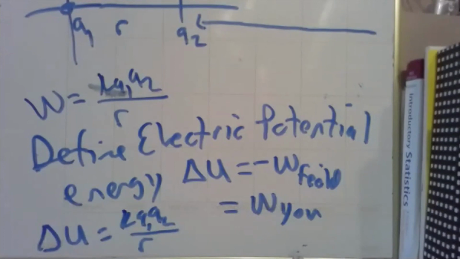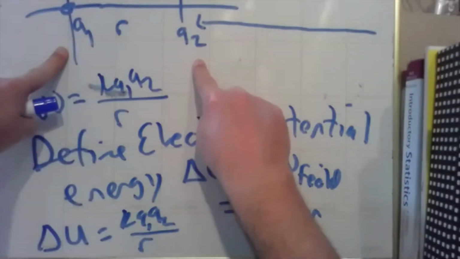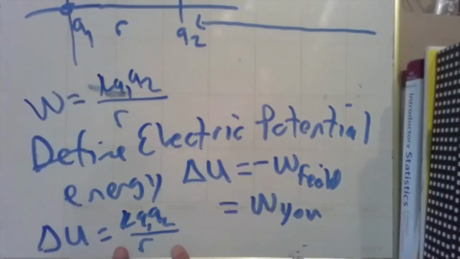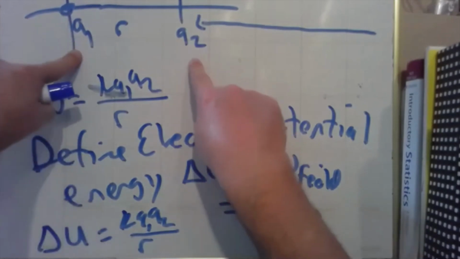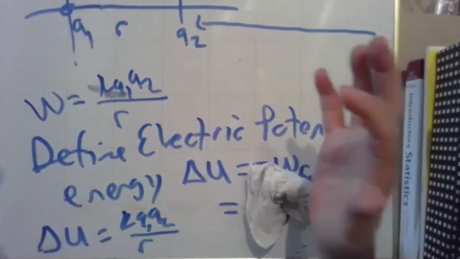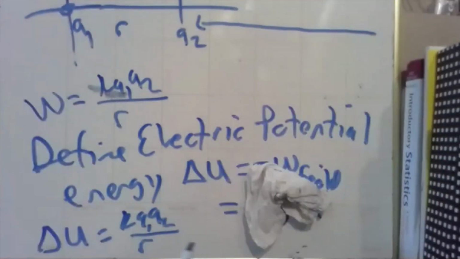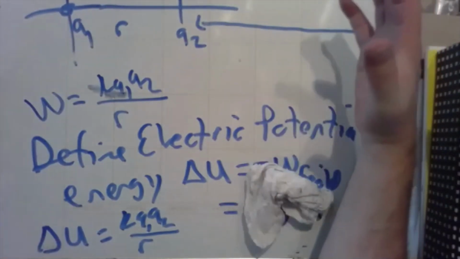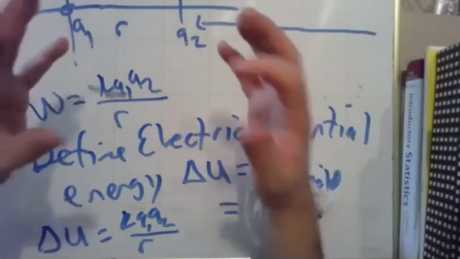The electric potential energy of this system is that much energy. That's literally how much energy is now bound up in the electric field. You bring two charges together, it's like you've compressed a spring. Think of the electric field as space being springy, and if you're squishing charges together, you're compressing a spring.